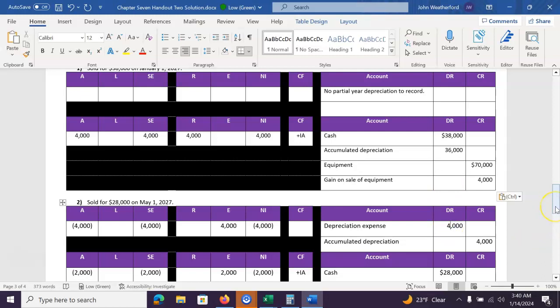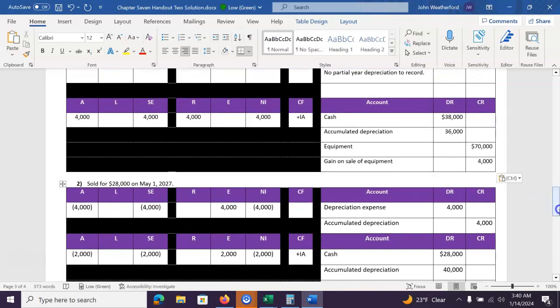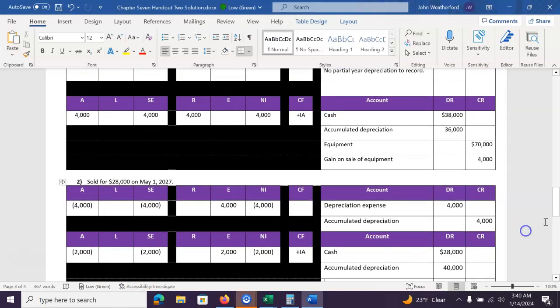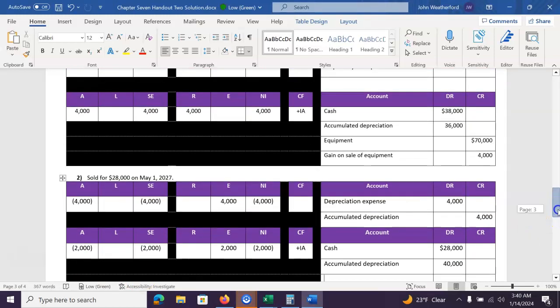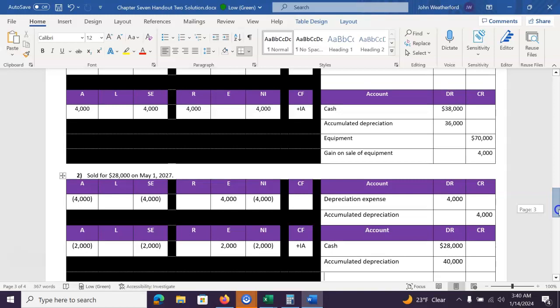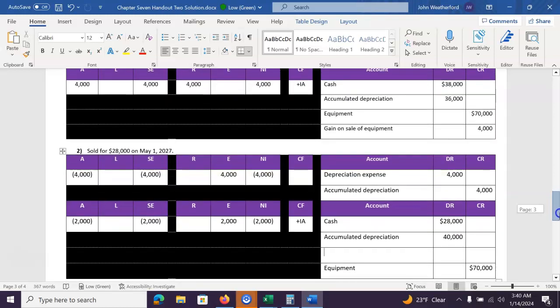So accumulated depreciation here is going to have a balance of $40,000. Credit balance, to bring it to zero, we debit it for $40,000. And then we know we want to credit the equipment itself for its cost, $70,000.